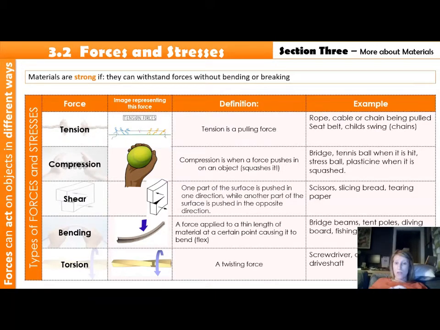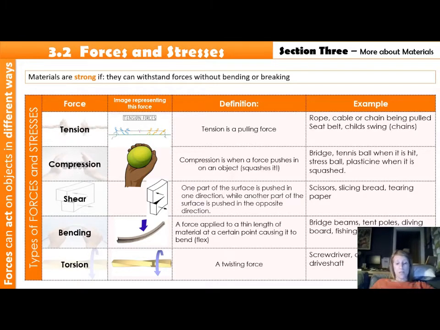So any of you petrol heads out there will know that a lot of torque goes on something called the drive shaft in a car, which spins quite quickly, and that has a lot of twisting and a lot of torque on it. So that's the force that it needs to withstand. Okay, so torsion, Rubik's Cube has torsion, so it's twisting. So that is a really, really quick overview of all the different forces that you need to be aware of.